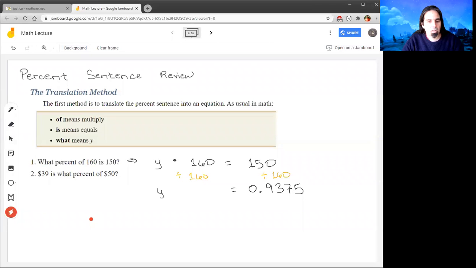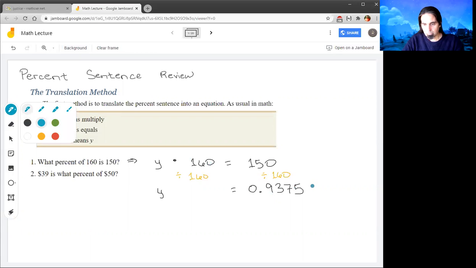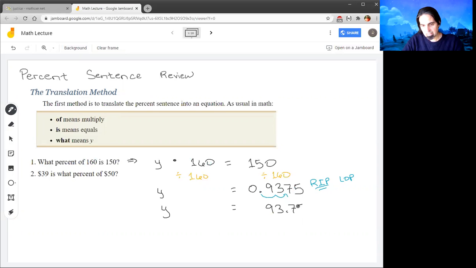Since it asks for an answer in percent format, we need to do that. We're going to go right into percent format and get our answer that way.